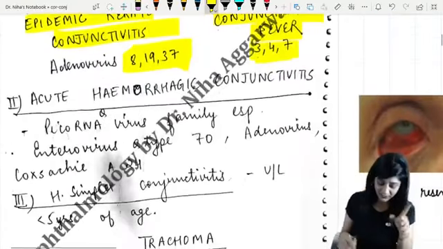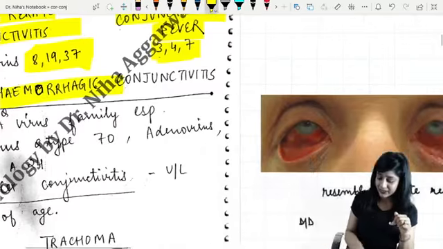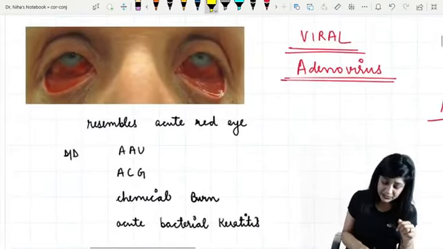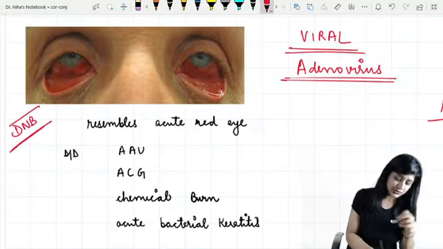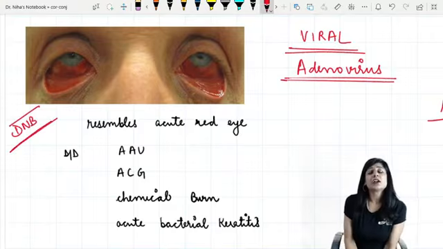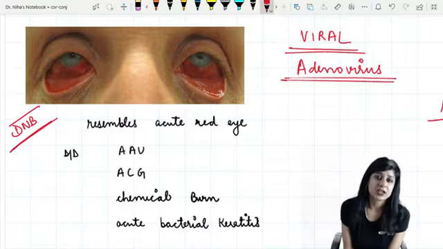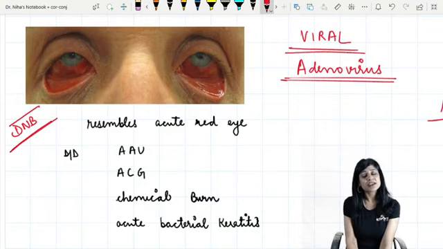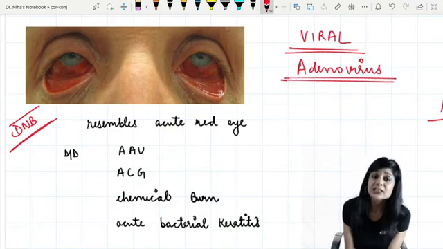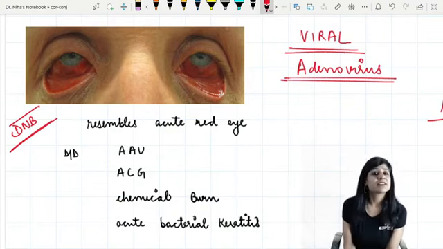While the dangerous one is your hemorrhagic conjunctivitis. And this has been asked so many times in your DNB examinations also. This is your acute hemorrhagic conjunctivitis. Now always remember, when I talk about follicular conjunctivitis or hemorrhagic conjunctivitis, then it is always a virus.